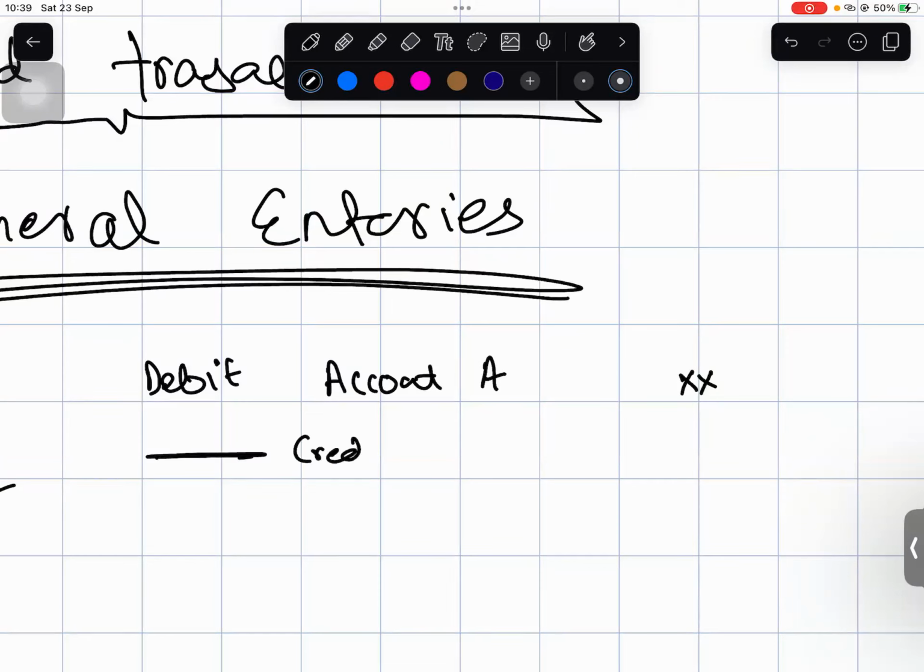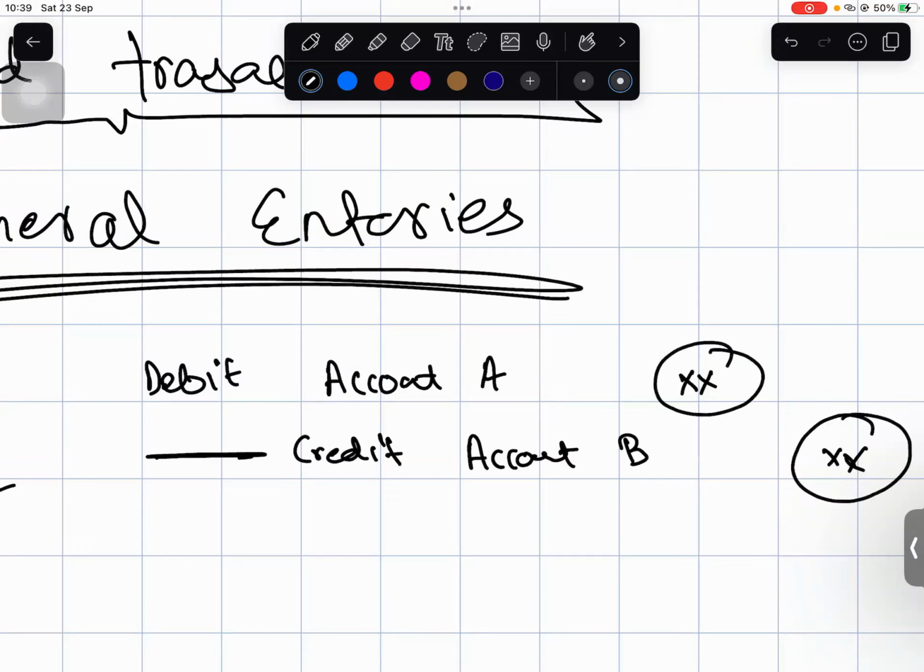You will write credit, account B, and write the amount over here. And we have to be 100% certain that these two amounts are always equal.